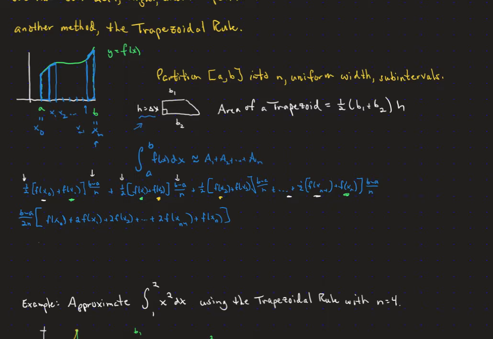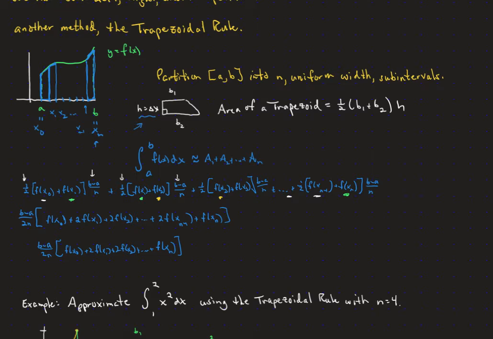So our formula is just what we see there. You're going to get this b minus a over 2n, then you're going to get one of the first ones and 2 of all of the others, 2, 2, 2, 2, 2, until you get to the very last one, in which case you'll just get one of the very end one.